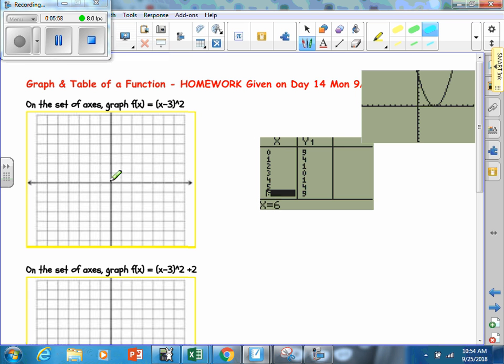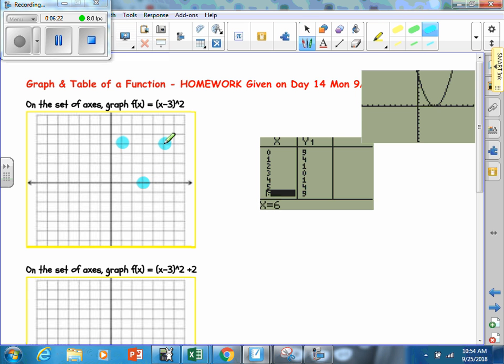I want to go over 3, 1, 2, 3, and 0. So I'm going to be right on the x-axis. Then I want to go over 1 up 4. Over 1 up 4. 1, 2, 3, 4. Then I want to go over 5 up 4. 1, 2, 3, 4, 5 up 4.